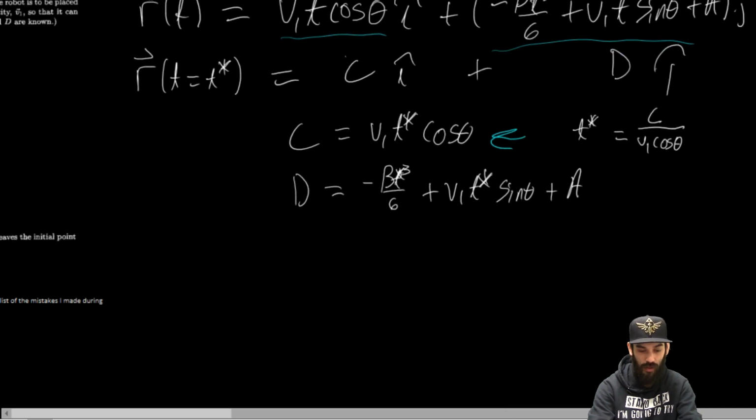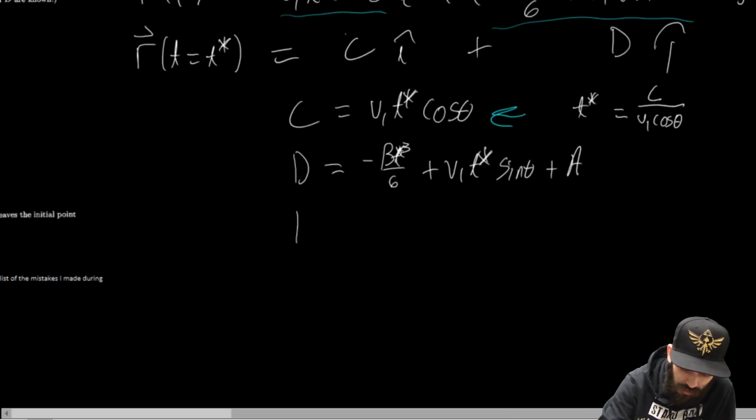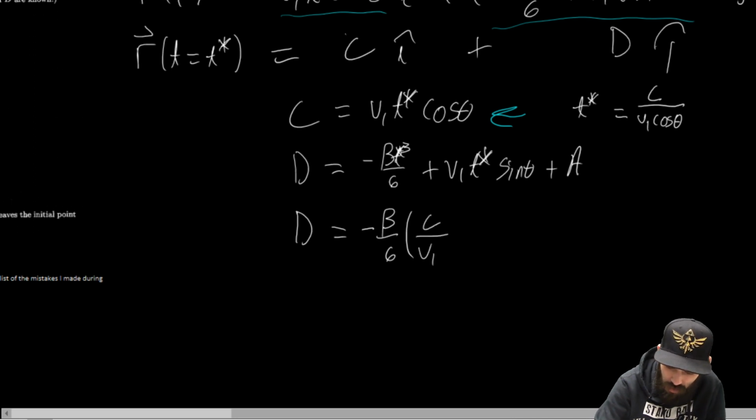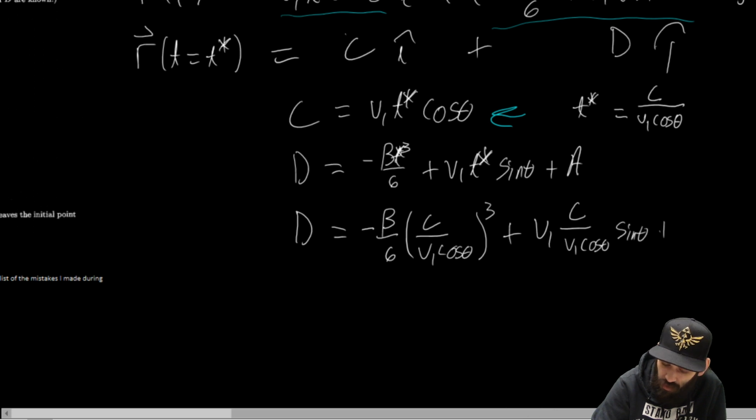When I do that, I get something that looks like this. So d is equal to minus beta over 6 times, sorry, that's a c, divided by v1 times cosine of theta, all cubed, plus v1 times c over v1 cosine of theta times sine of theta plus a.